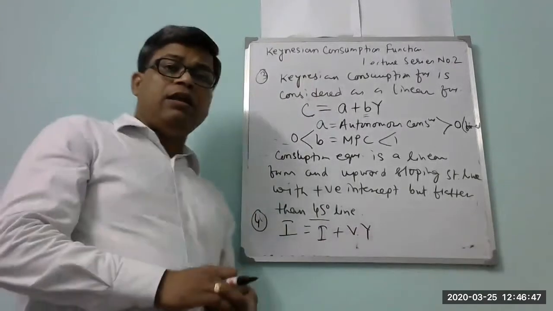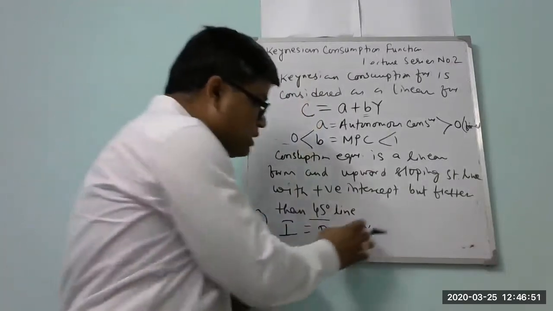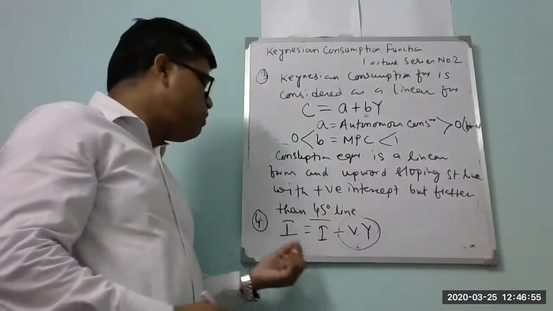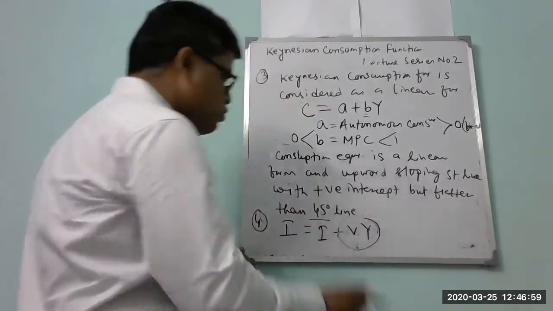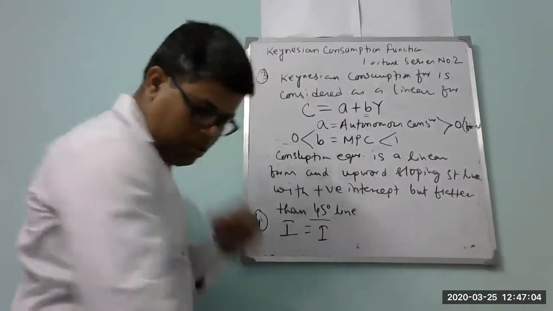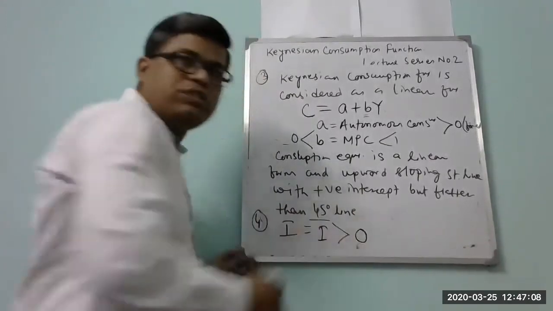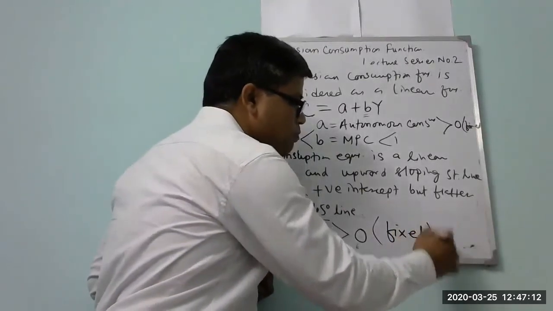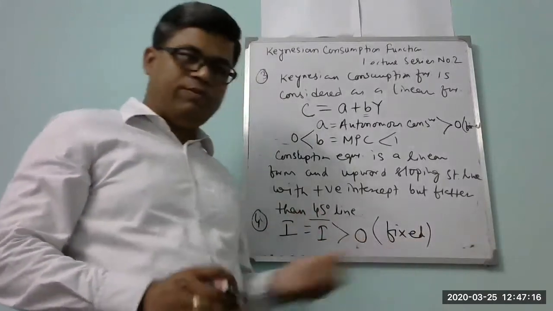For the simple Keynesian model, we will not consider this VY part. We will consider I equal to I bar only for the time being. Remember, I equals I bar, that is positive and fixed.